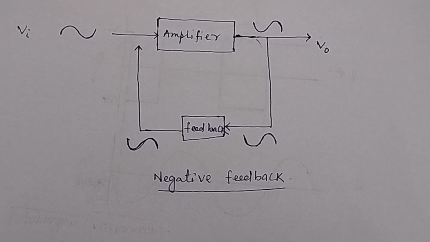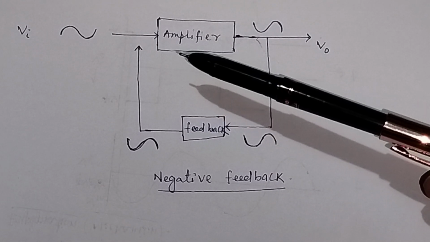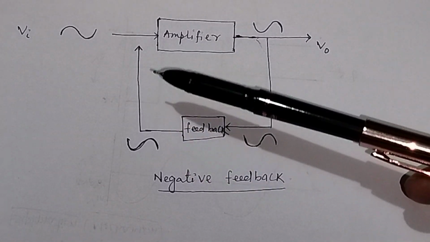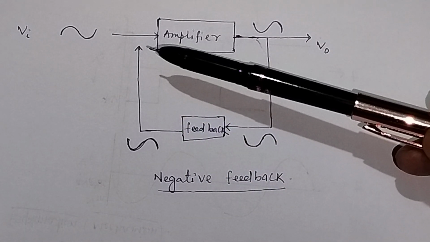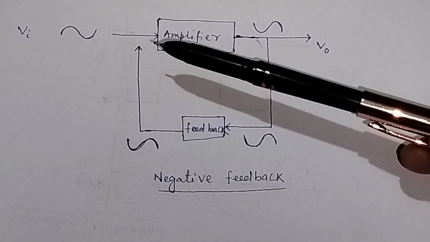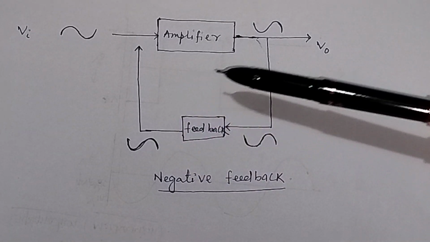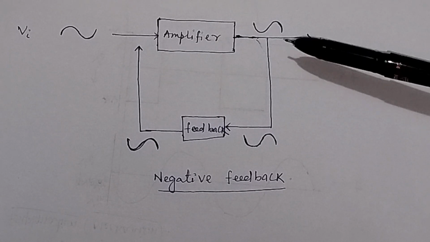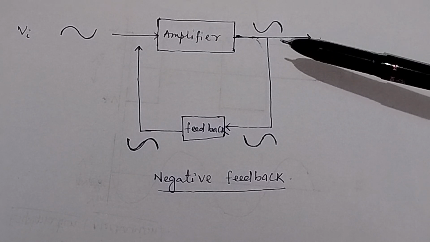The input given to the amplifier after feedback is reduced because it is out of phase. So you will get less output. That is why gain will be less here.